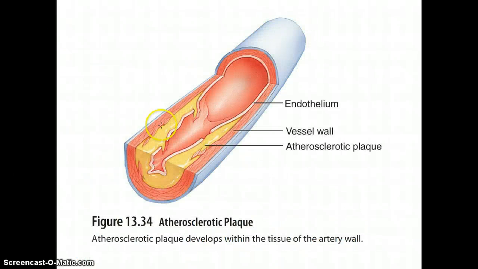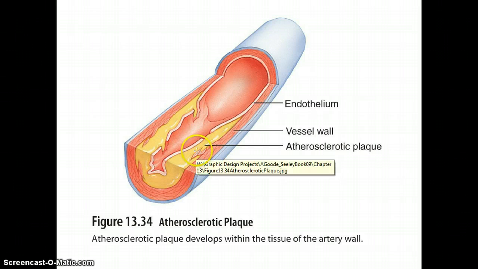And this is what atherosclerotic plaque may look like. Notice it narrows the effective diameter of blood vessels, among other things, but this can impair the flow of blood to tissues, and this can occur also, as we looked at before, in the coronary arteries, which is of course extremely serious and can lead to a myocardial infarction.